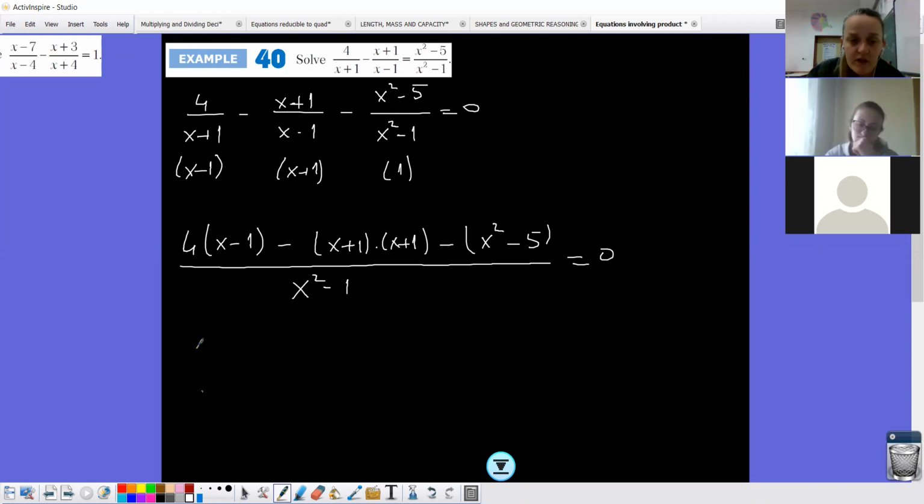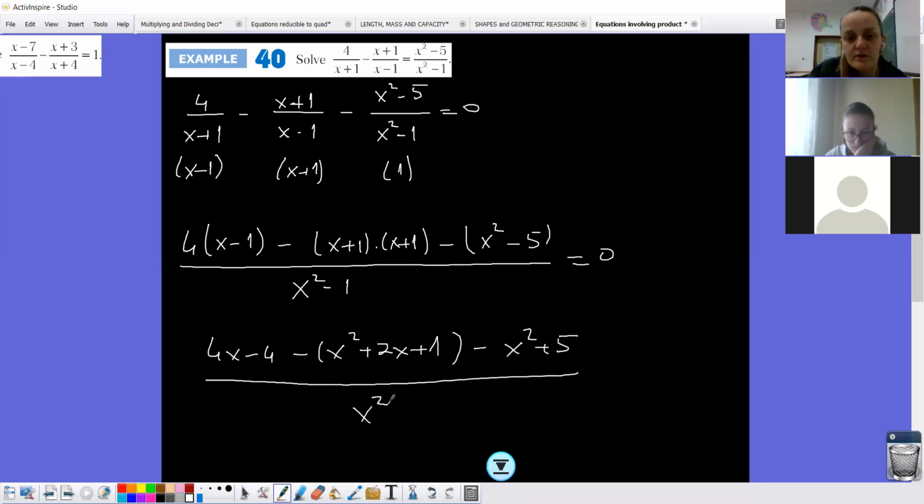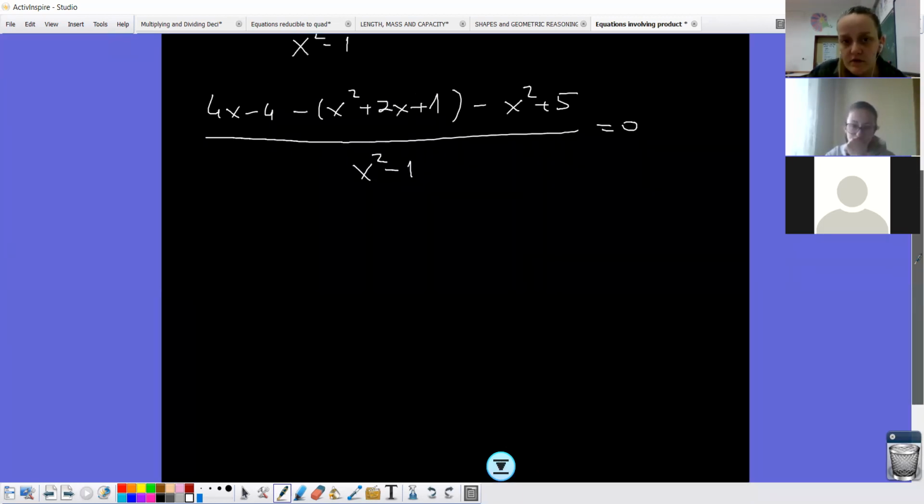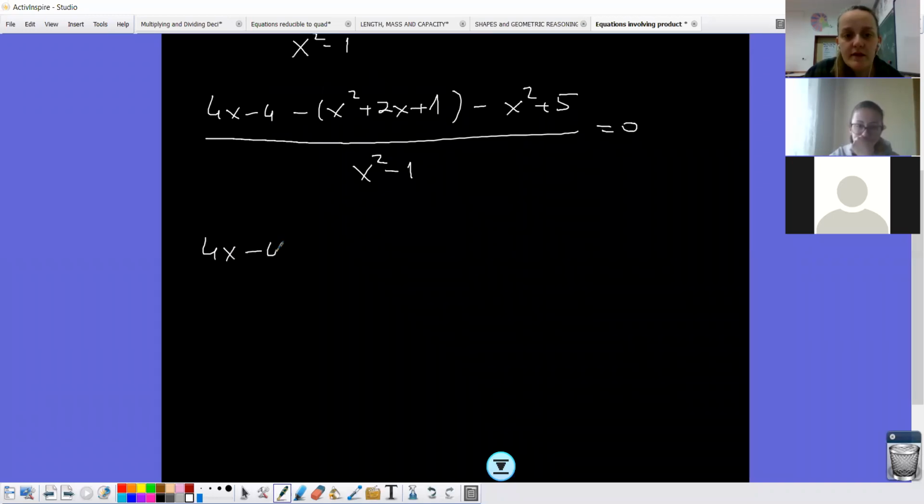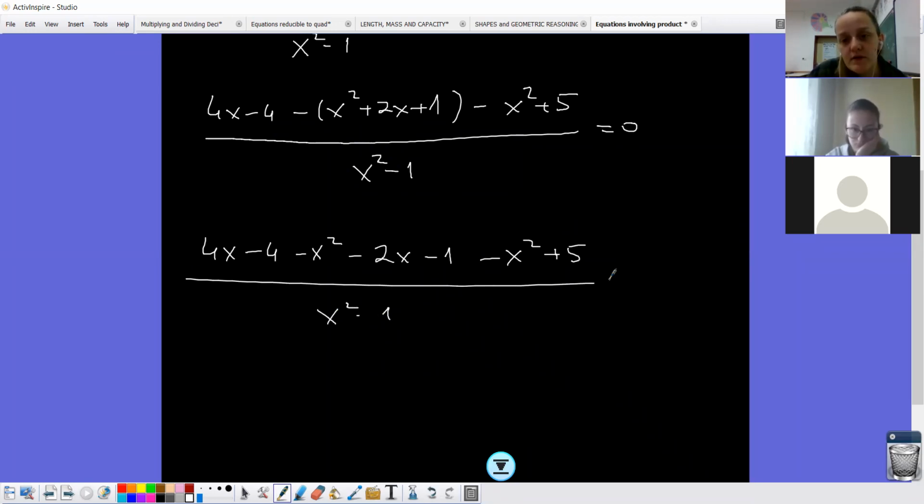Now, if I open all the parentheses, I will get 4x minus 4. Here we have x plus 1 squared, so it is minus x squared plus 2x plus 1. And then here minus x squared plus 5, over x squared minus 1 is equal to 0. Okay. 4x minus 4 minus x squared minus 2x minus 1 minus x squared plus 5 over x squared minus 1 is equal to 0.